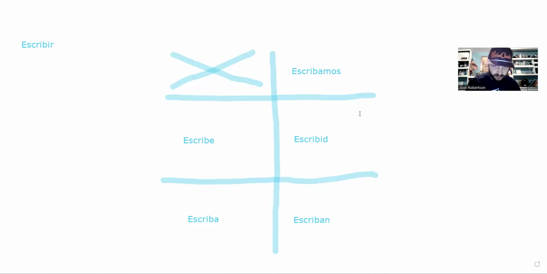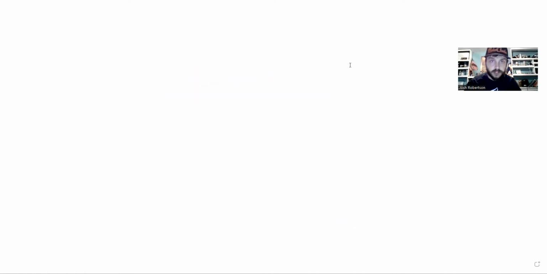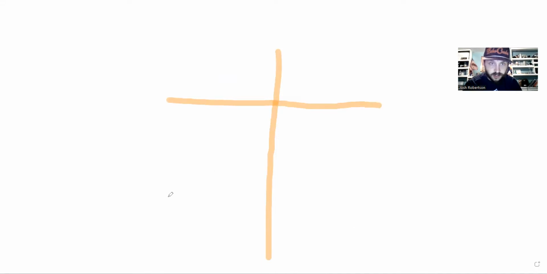Vosotros, vosotras escribid. Ellos, ellas y ustedes escriban. I even thought of the verb preferir as well. I mean, there's a million verbs out there, man. I thought of the verb preferir.